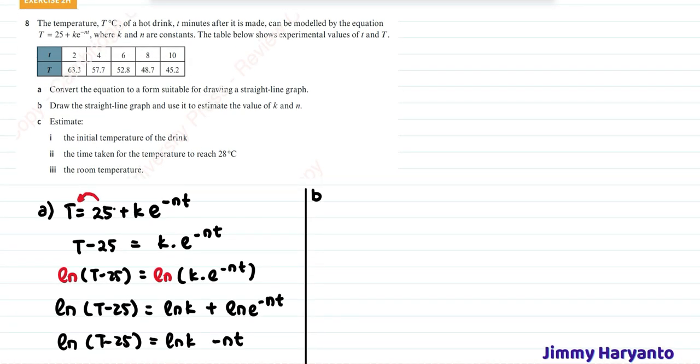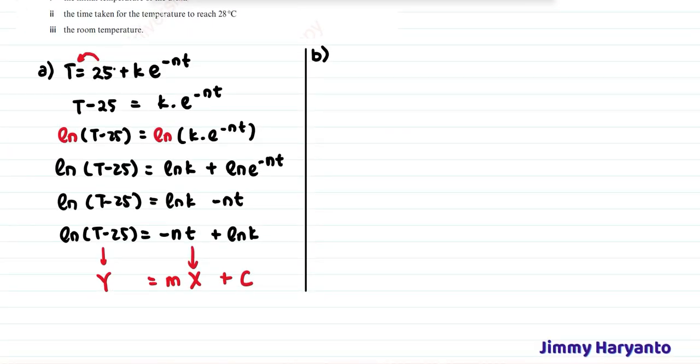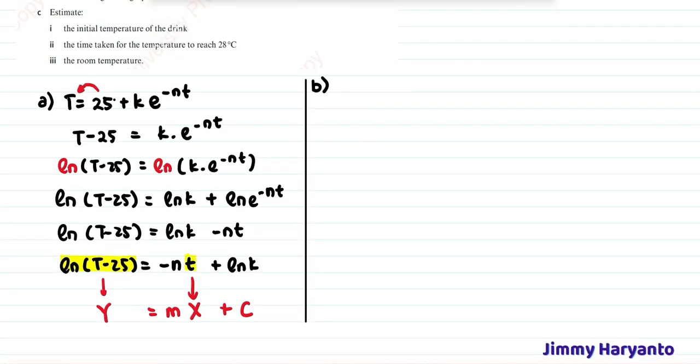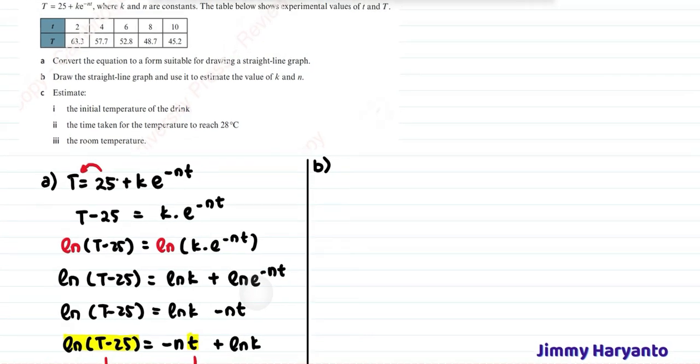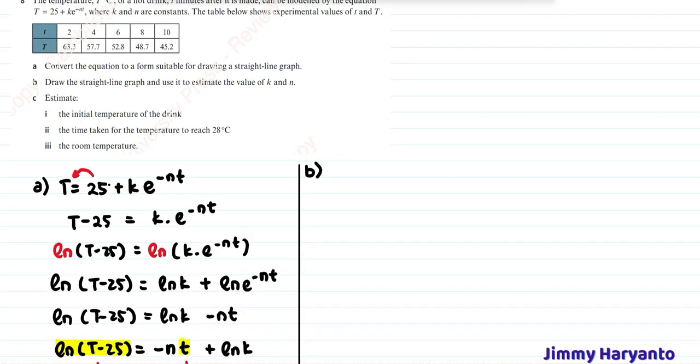Okay, so for B, we have to create the graph of ln(T minus 25) against t. We already have the table of t, but we don't have the values of ln(T minus 25), so we have to create them first.